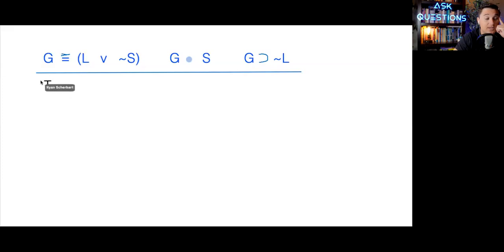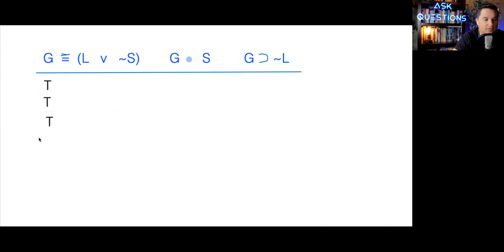In any case, we need 8. The reason I took that tangent is because there are 1, 2, 3 atomic sentences or simple statements, and so we need 8 lines or 8 rows. And the pattern for the leftmost one is going to be half T's, half F's.